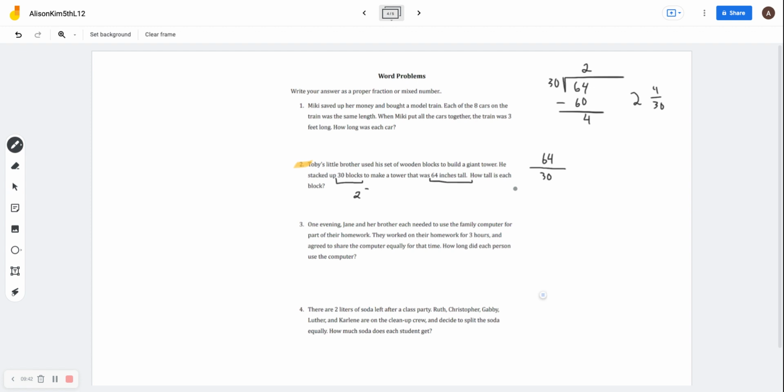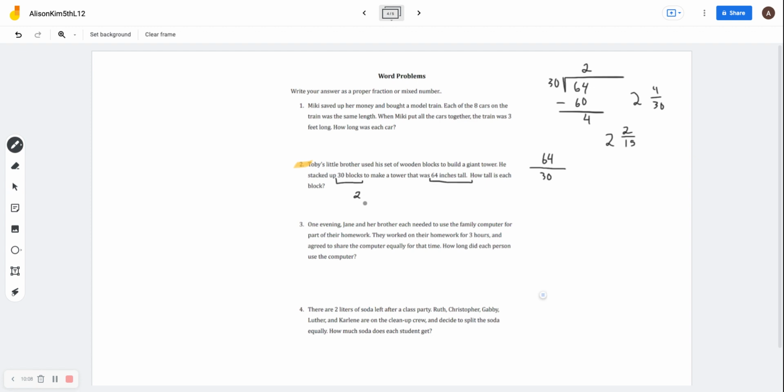Oh, I'm sorry. We can actually simplify 4 over 30 a bit more. We can take out 2 from each. So our new fraction will be 2 and 2 over 15. You don't have to simplify, but as you do more math, it's better that you simplify to the very end because that is what your teacher wants.